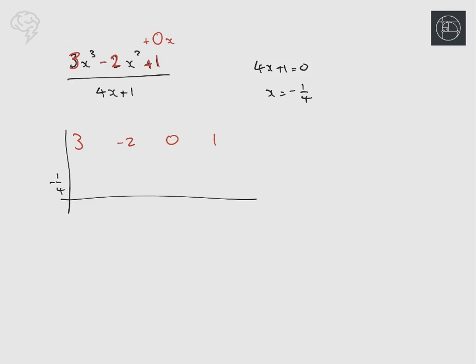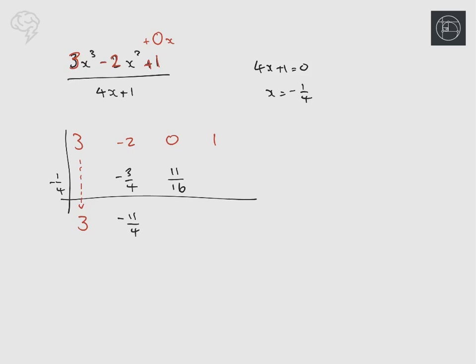Okay, let's go. 3, you're just going to sit there. You're the starter guy. Right, minus a quarter times 3 is minus 3 quarters. Right, now we need to do minus 2, add minus 3 quarters. So that is minus 11 quarters. Now we need to multiply minus 11 quarters by minus a quarter. So it's going to be a plus 11 over 16.